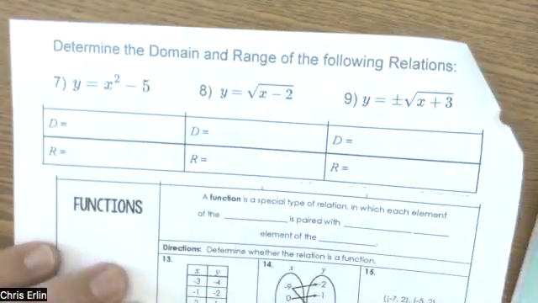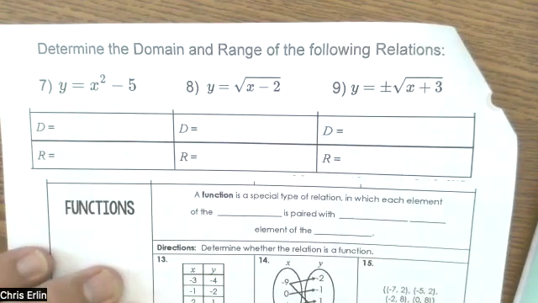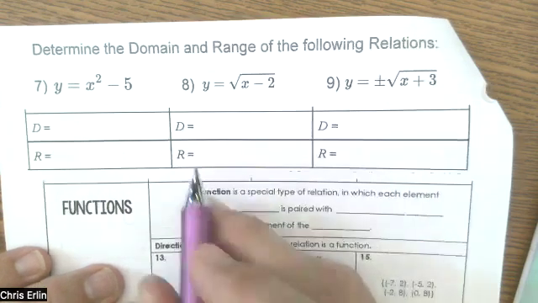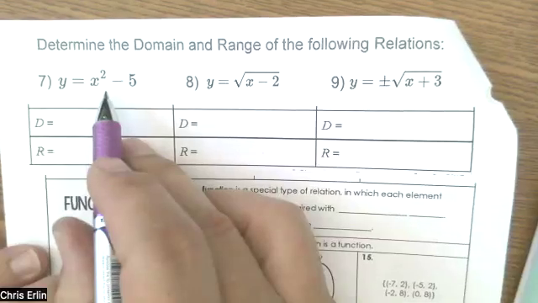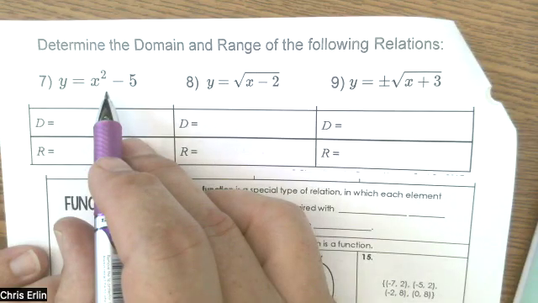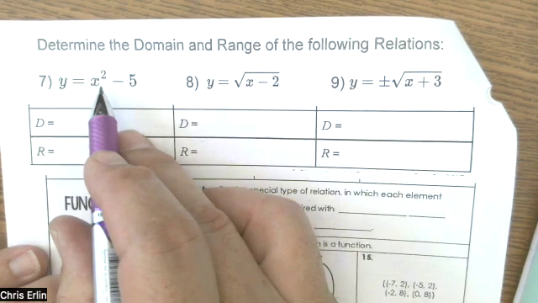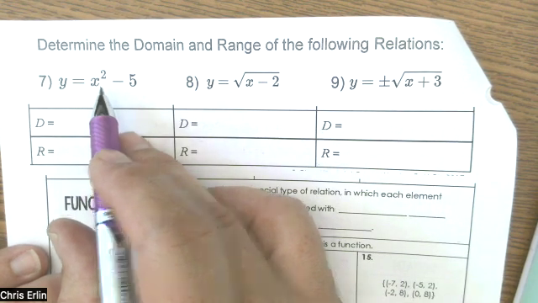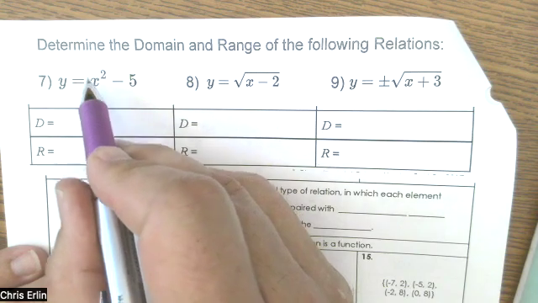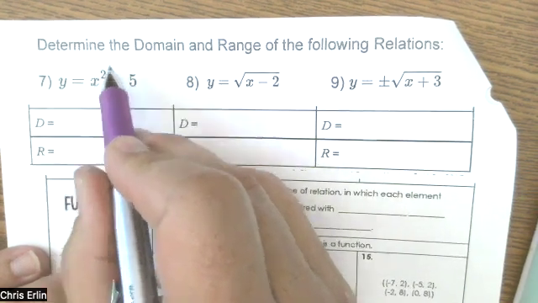Back at page 2. Determine the domain and range of the following relations. How do I know what this domain might be just from looking at it? It could be -5. If x were 0, that's true. So let's take a look at this. This part, x squared.